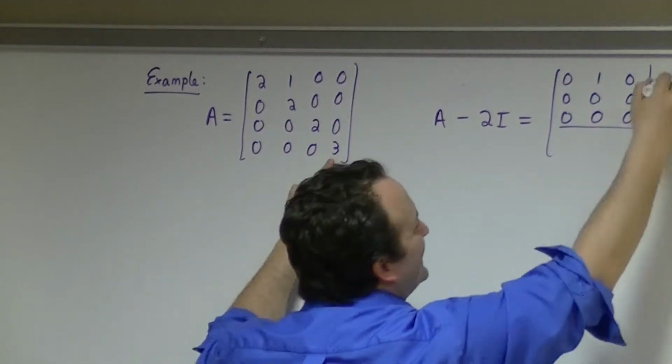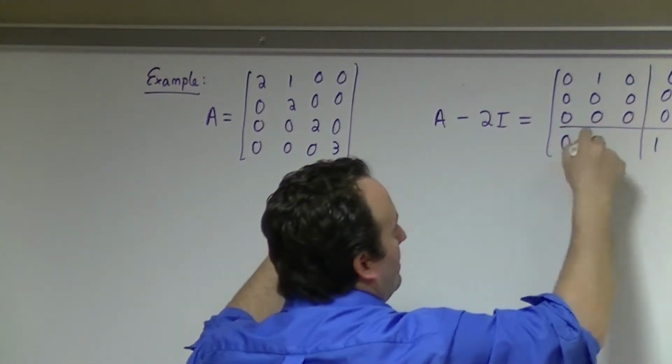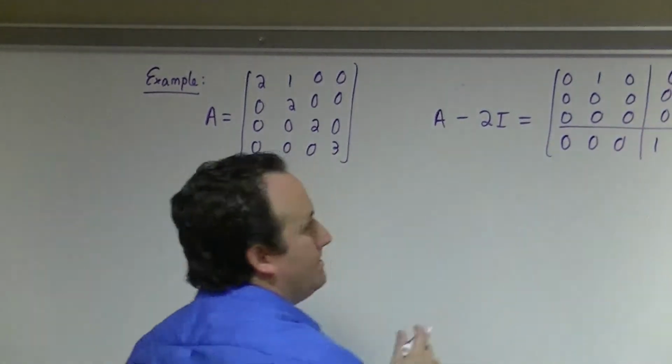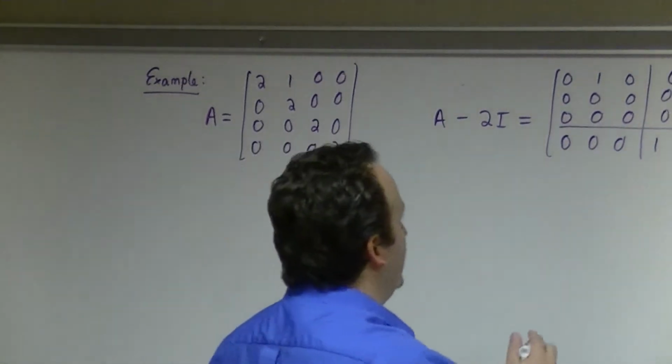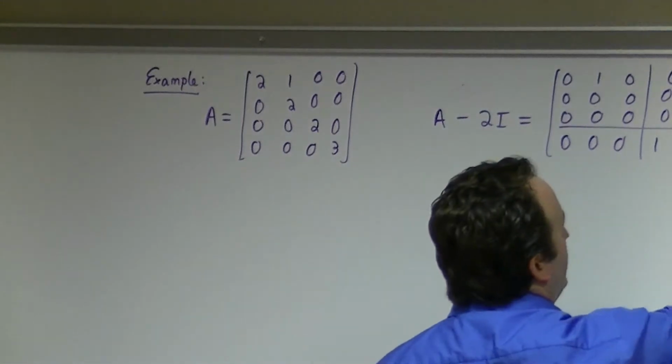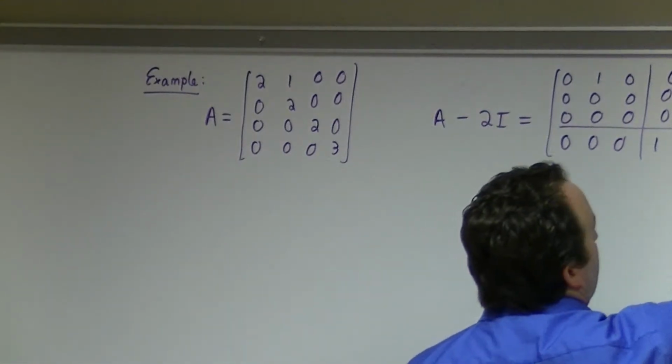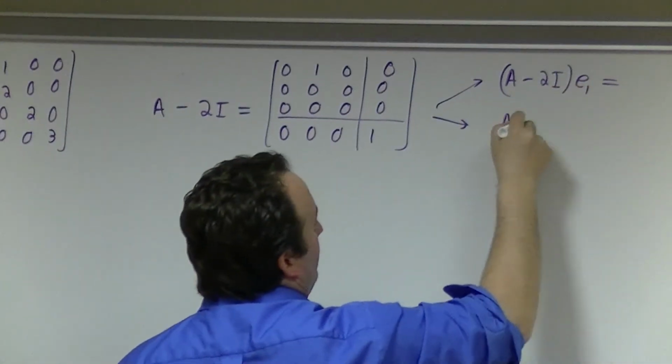Yeah, 1. Sorry, it's a 0, sorry. So you can easily see from this, I mean, you can see it a lot of different ways, but certainly A minus 2I times e1 is equal to what?